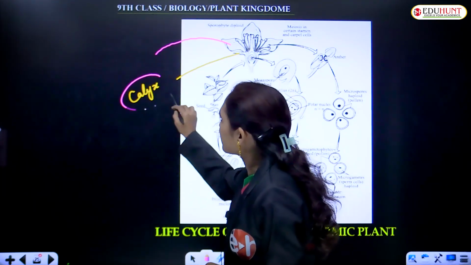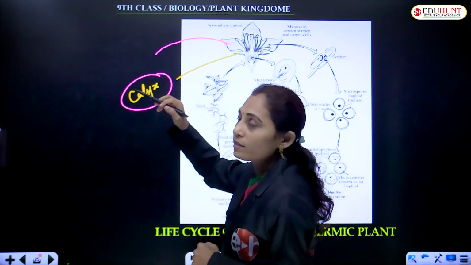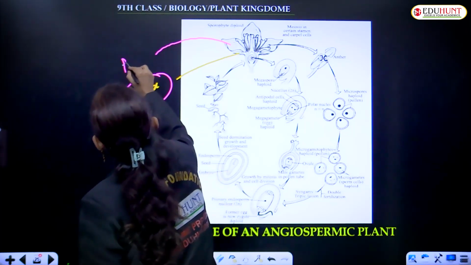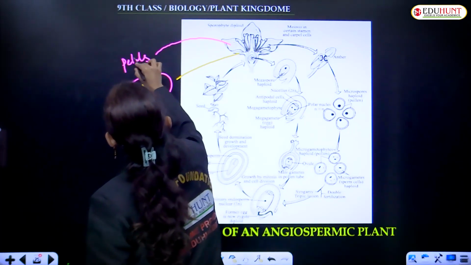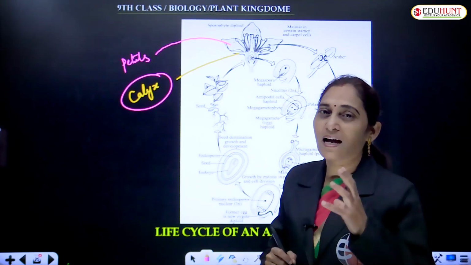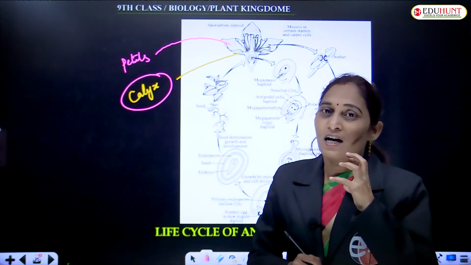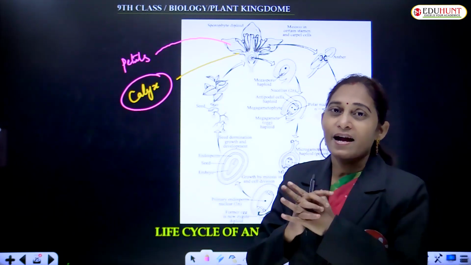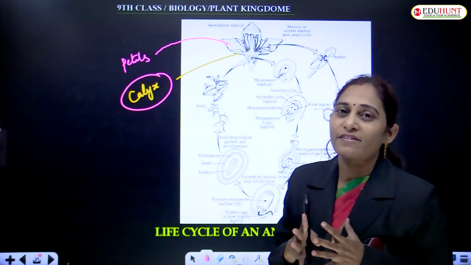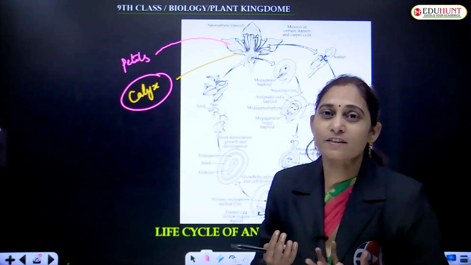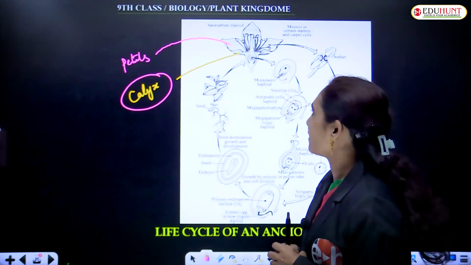These are sepals and the second whorl, petals. Petals are attractive. Most of the times, petals attract. They are meant for attraction of what? Attracting the pollinators.